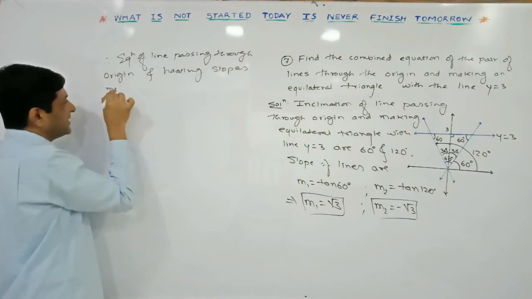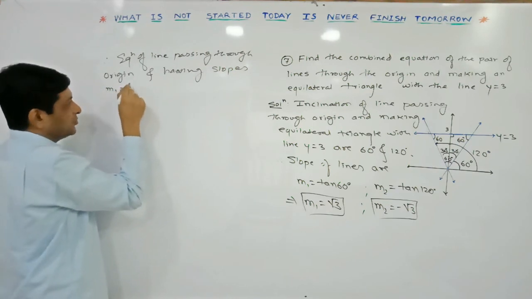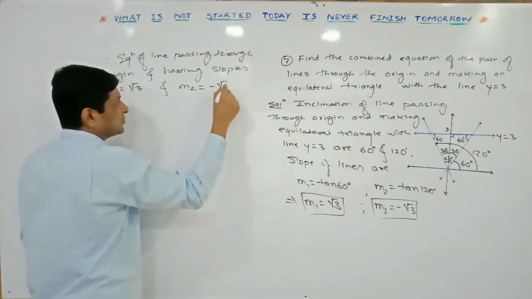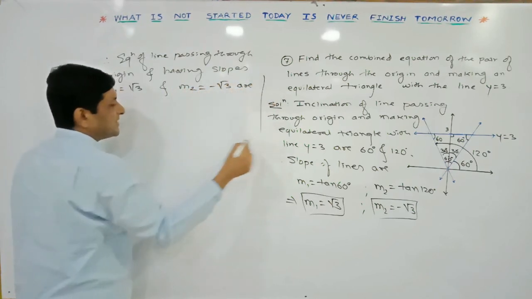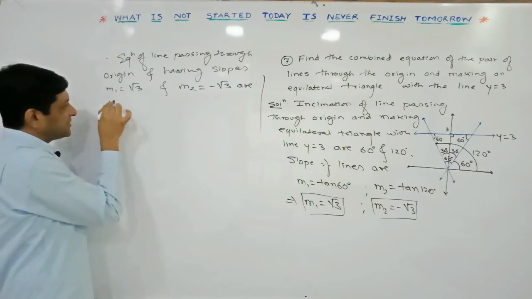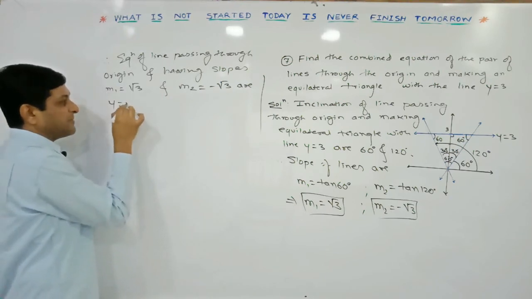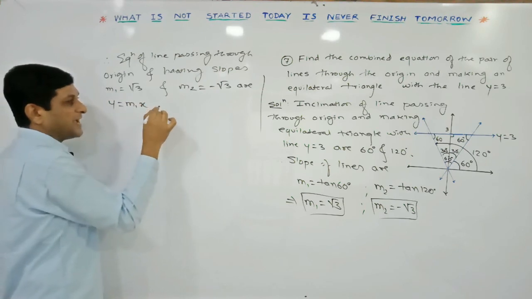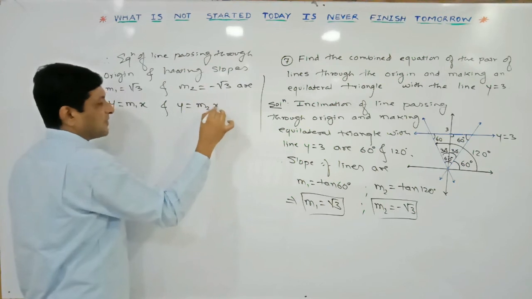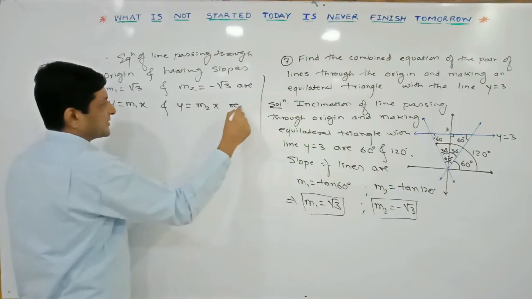Having slope m1 is equal to root 3 and m2 is equal to minus root 3. We know that if line passes through origin, at that time equation of line is in the form of what? y is equal to mx. Here slope we have denoted by m1 and y is equal to m2x, y is equal to mx respectively.